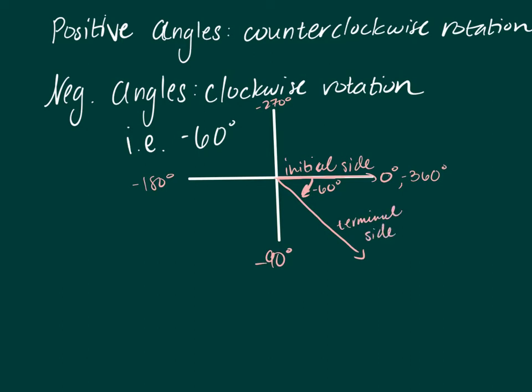Now, just because we move in the negative direction does not mean that our quadrants change numbers. The quadrant that we're in currently is still quadrant 4. All the quadrant names stay the same. We're just moving in a different direction.